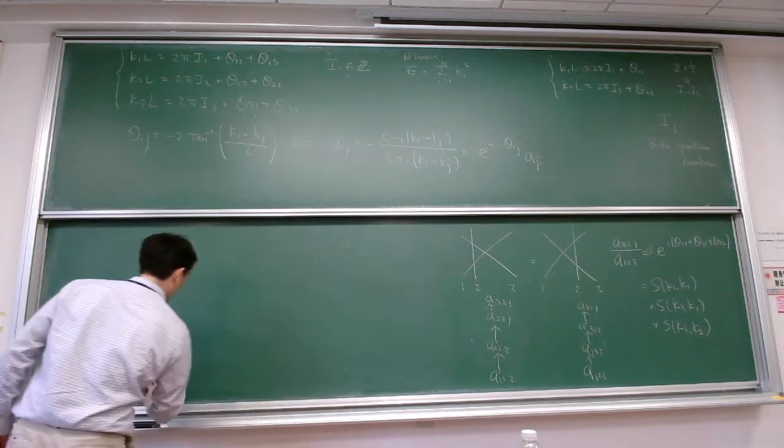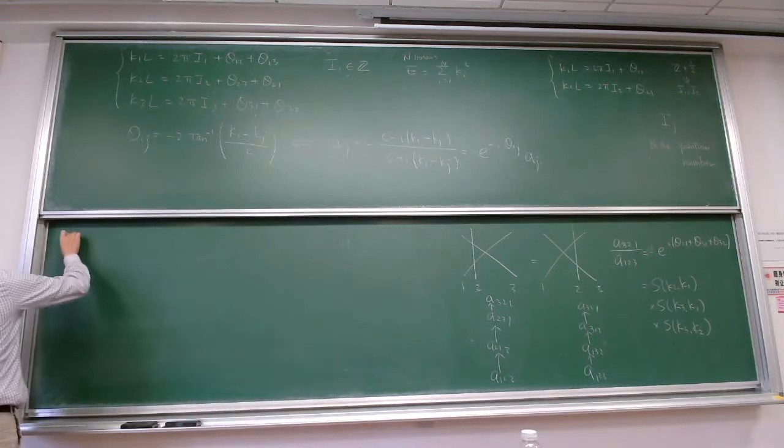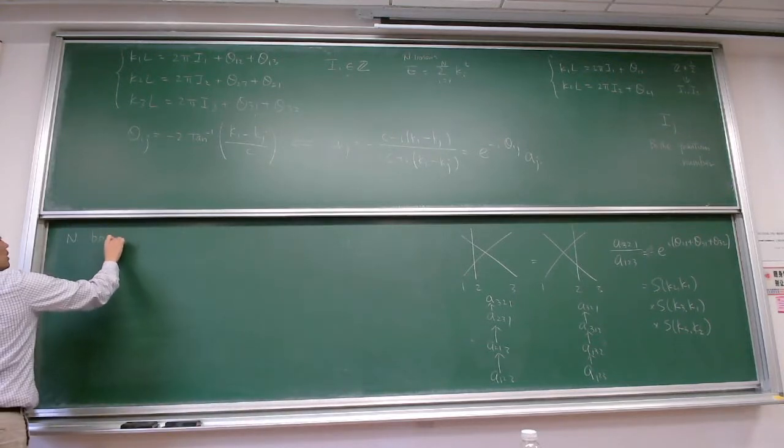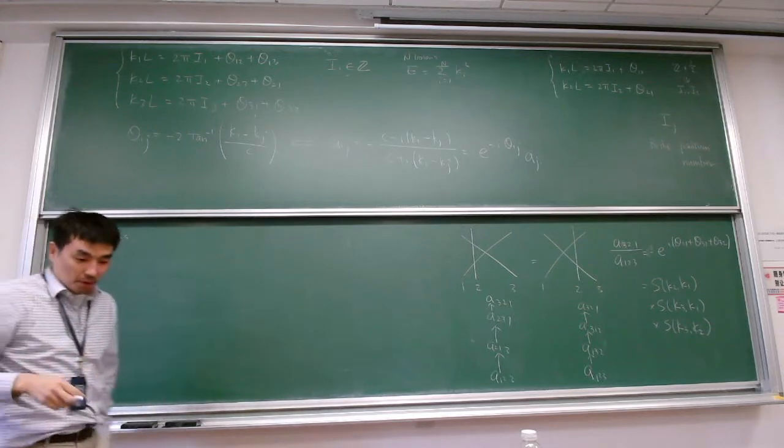So let's go to n bosons. And the Bethe ansatz is very simple.